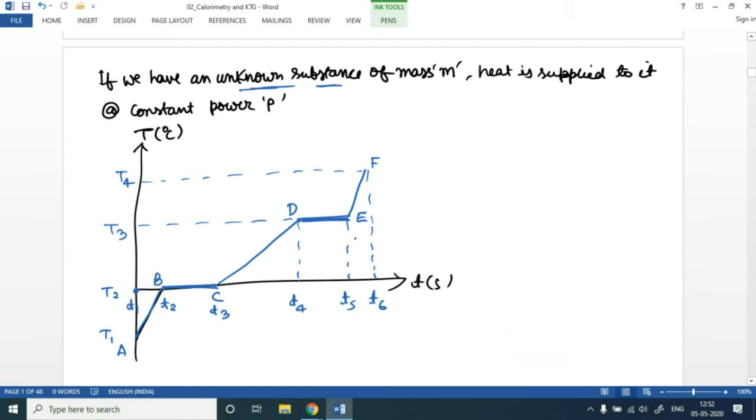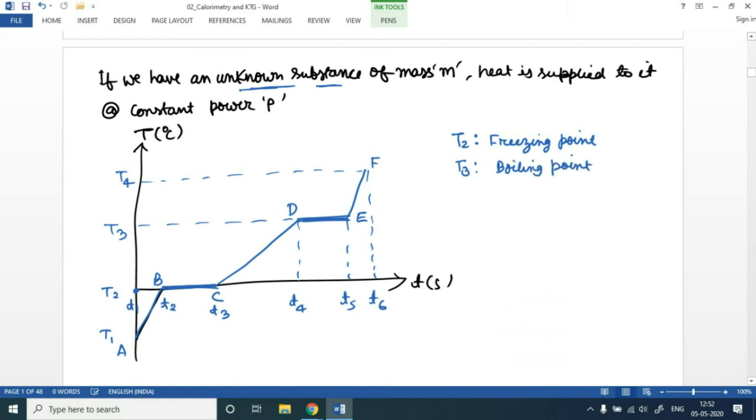So when the phase change is occurring from solid to liquid over here, T2 is nothing but the freezing point of that substance. And from the same logic, T3 would be the boiling point of that substance.